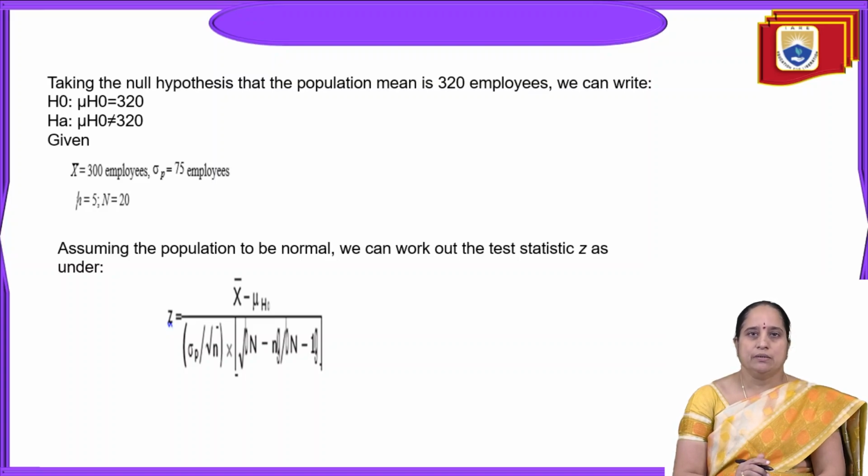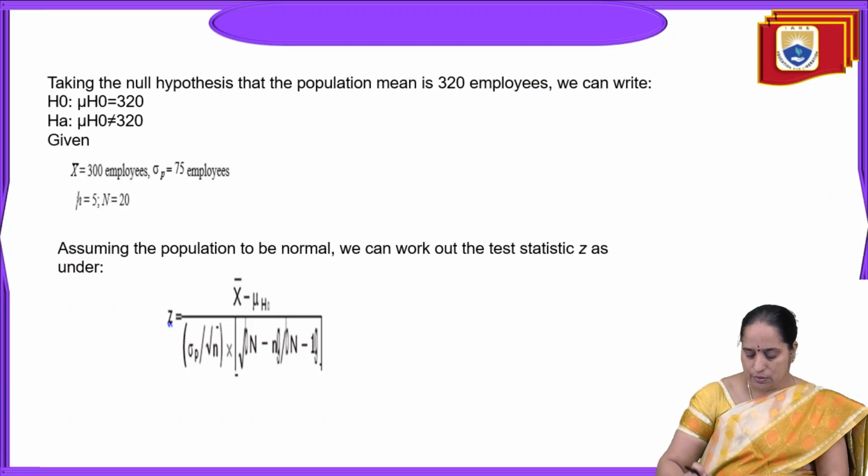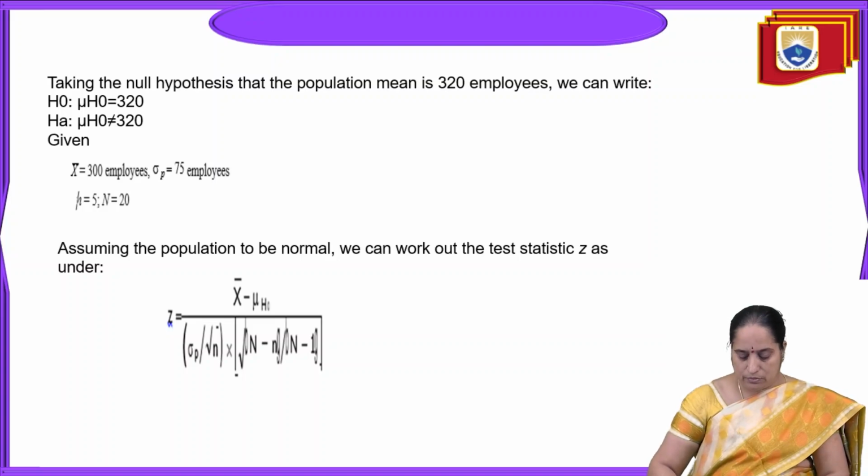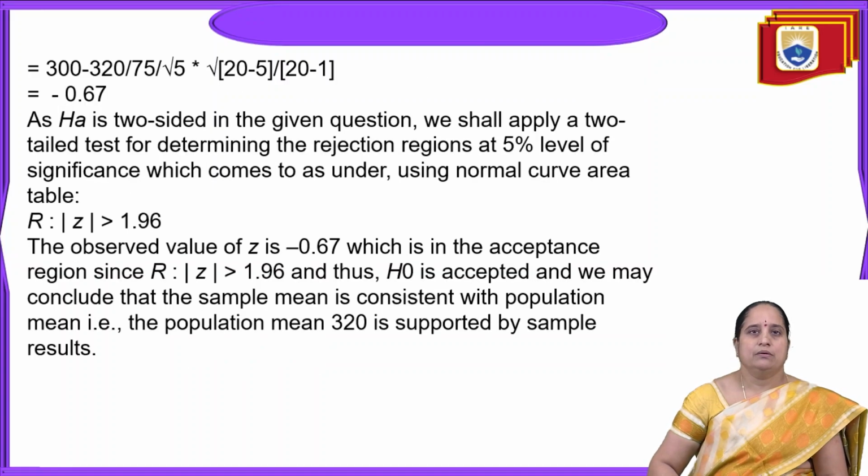So we define the null hypothesis H0: mu = 320 and HA: mu is not equal to 320. Again, this is also a two-tailed test. Substitute the given data in the formula and we find the test statistic is minus 0.67.